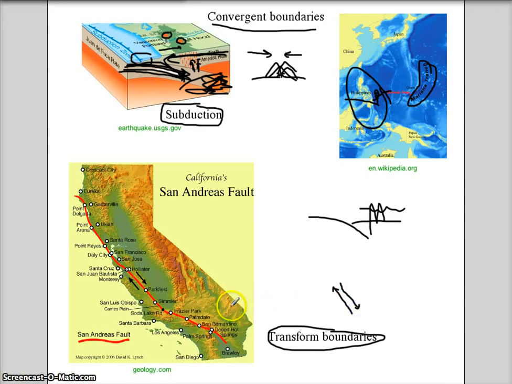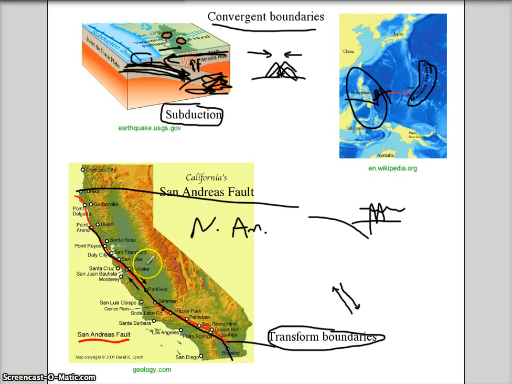And we have a good example of a transform boundary in the United States. We have this whole area from here over, which is the North American plate. It actually follows all the way over through Georgia. This is the same plate that we're on. Please pardon my awful writing here. But this is the North American plate. And this part of California, the southern part of California, is actually on a different plate.